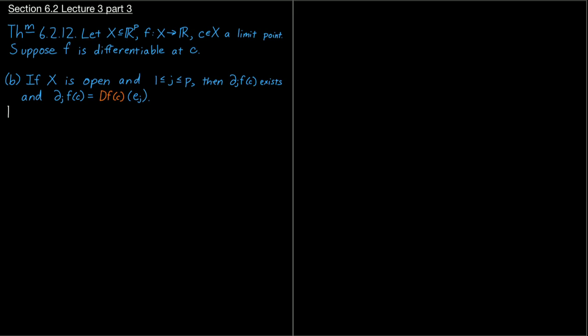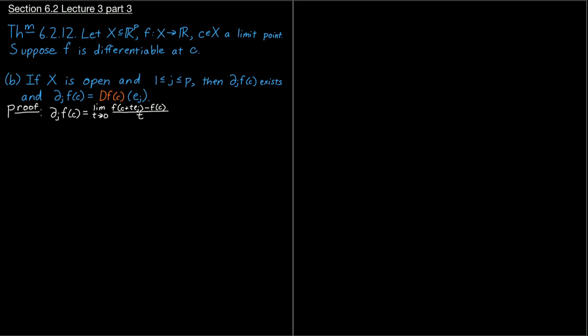And we can prove this just by writing down the definition, more or less. So recall that partial j f of c, we said in the first video, is the limit as t goes to 0 of f of c plus t times this ej, then you subtract off f of c, and you divide the whole thing by t.